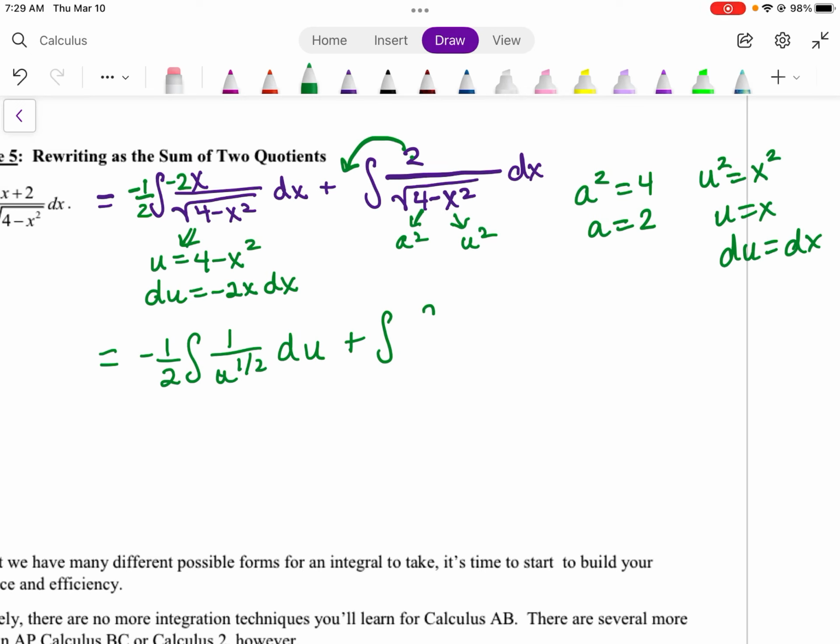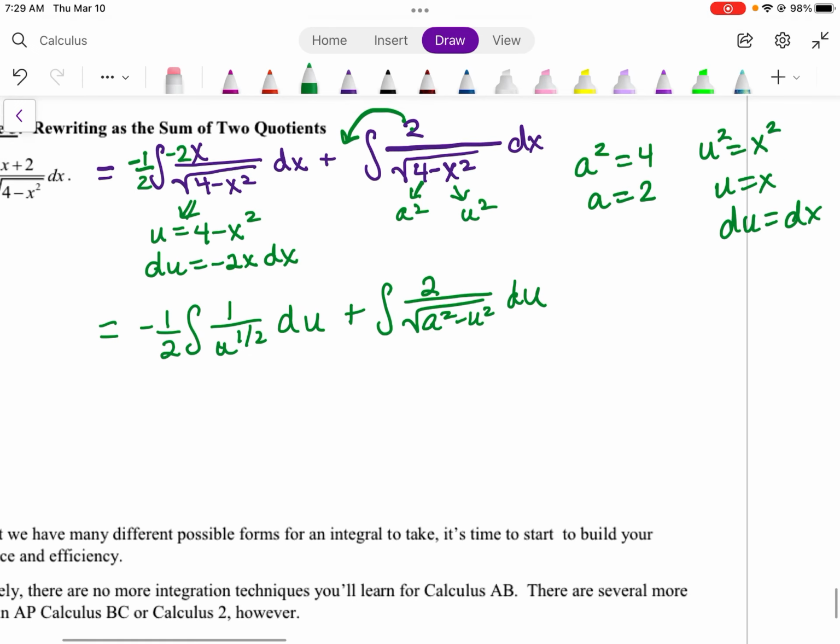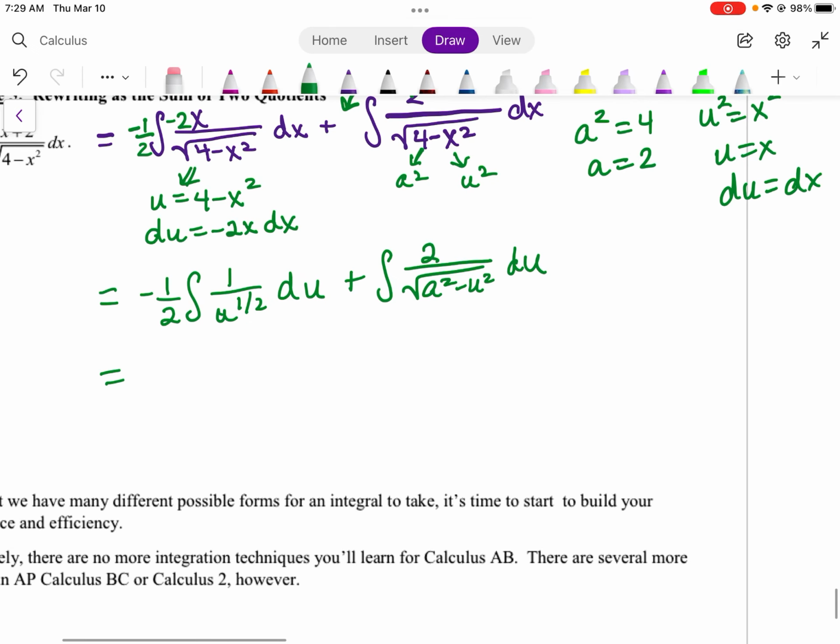So it's the integration of 2 over the square root of a squared minus u squared du, and everything's there like we need it. So -1/2, I'm integrating u to the -1/2. I'll add 1 to that and get 1/2. I'll end up multiplying by 2.